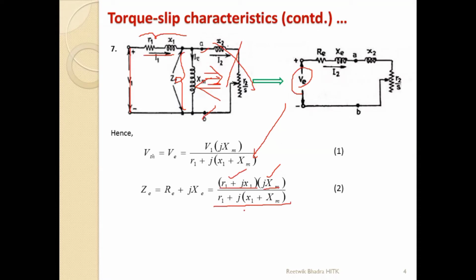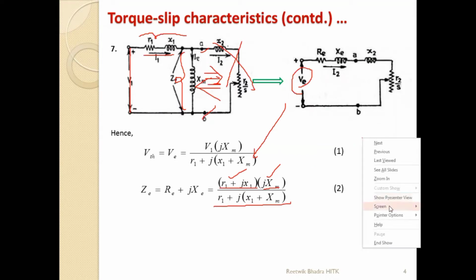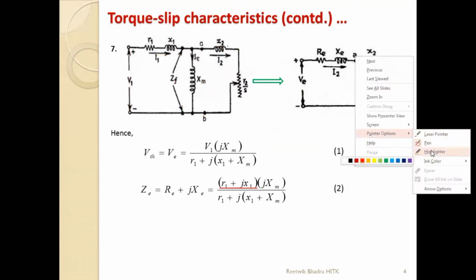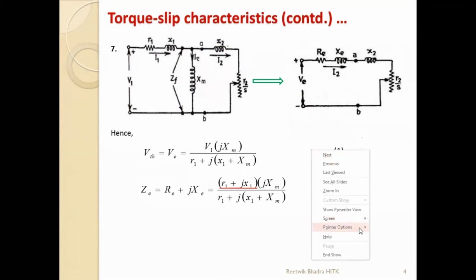So J taken common, X1 plus XM plus R1. Up to this, if anybody has any doubt, you can ask. Okay. So I think you understood up to this how we are applying it.